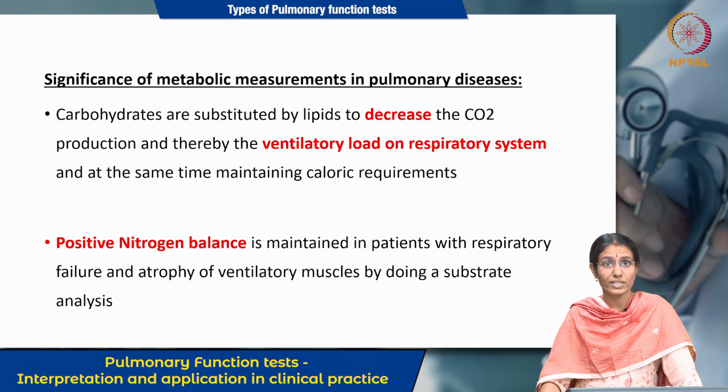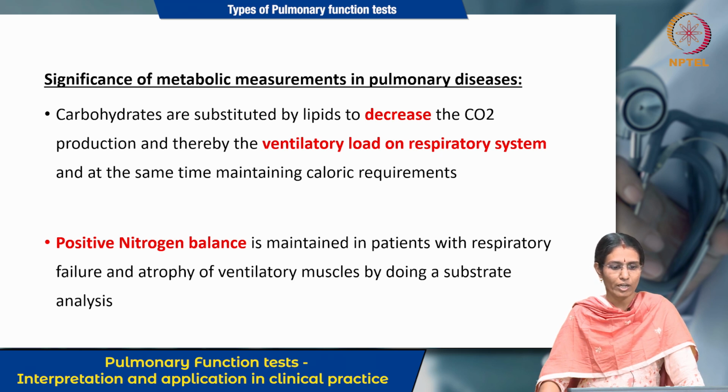And what is the significance of doing these metabolic measurements in pulmonary diseases? Carbohydrates have to be substituted by lipids when there is already a ventilatory load on the respiratory system, when there is decreased respiratory function. To meet the caloric requirements, carbohydrates have to be substituted by lipids to decrease the carbon dioxide production.